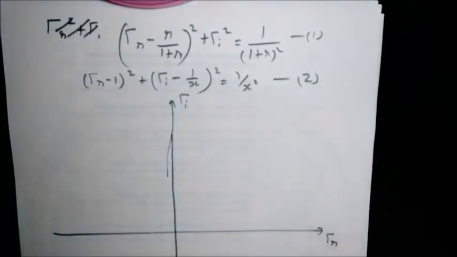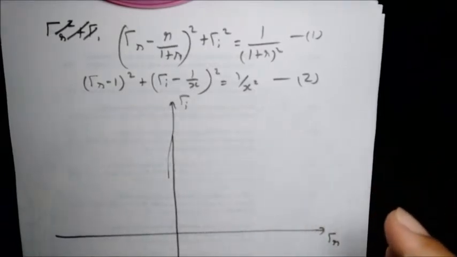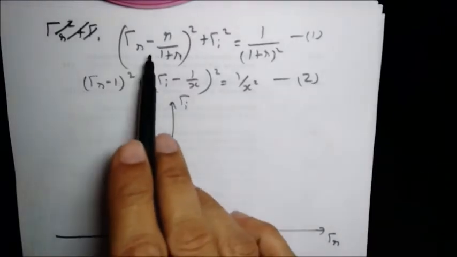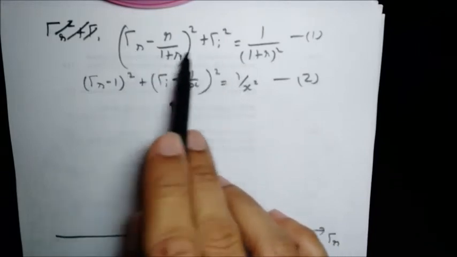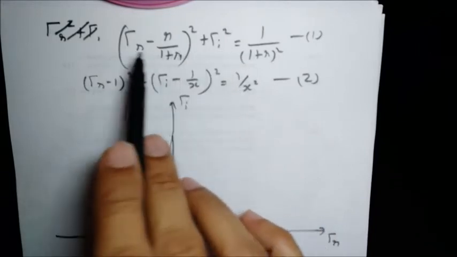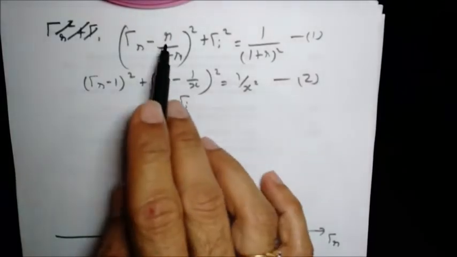So let us begin with the case where r is equal to 0. So if r is 0, you see that the origin is the center. The center of the circle is at the origin. So I can draw the circle like this.